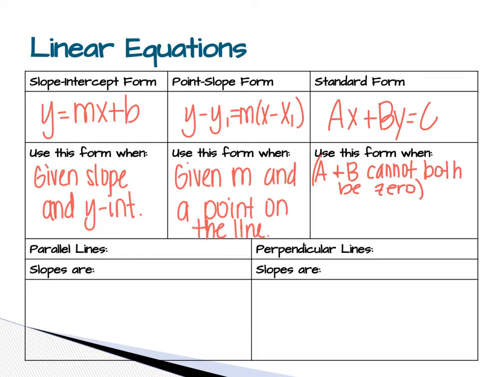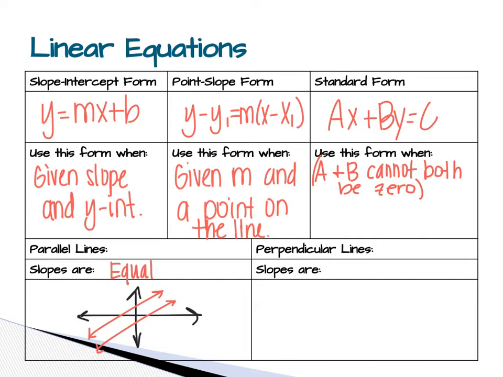Alright, so then we're going to talk about parallel lines. Slopes are equal in parallel lines. So if I were to draw a coordinate plane, parallel lines are the lines that never cross and they have the same slope.